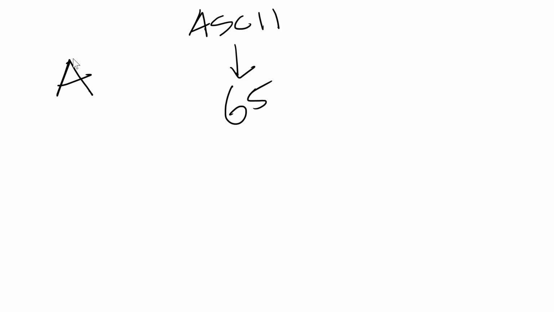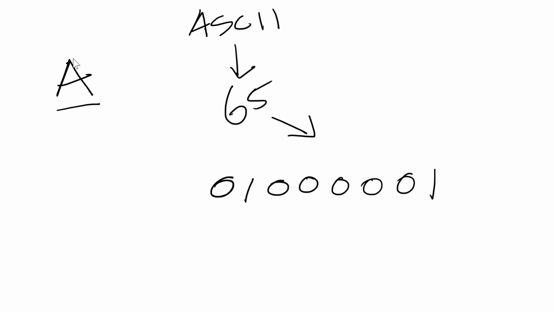So let's look at the letter A. The letter A can be represented in ASCII by the value 65. This is capital A. And then in binary, this is going to be 1 0 0 0 0 0 1 0.